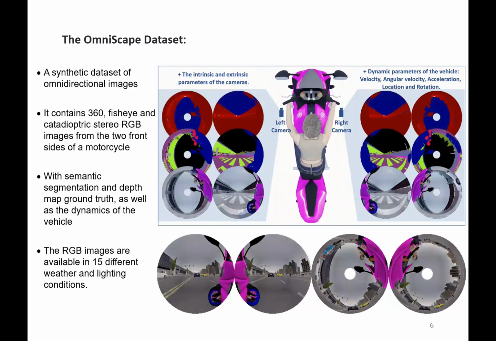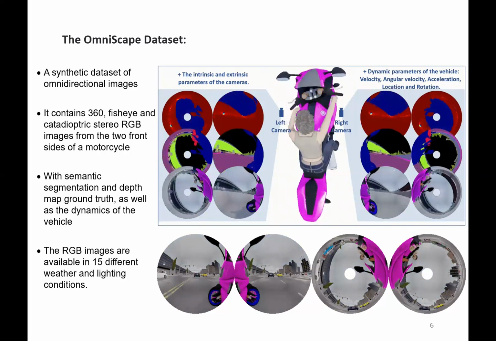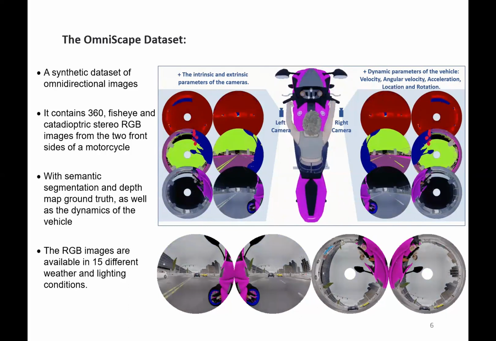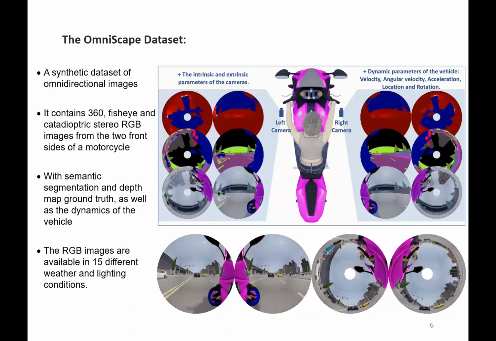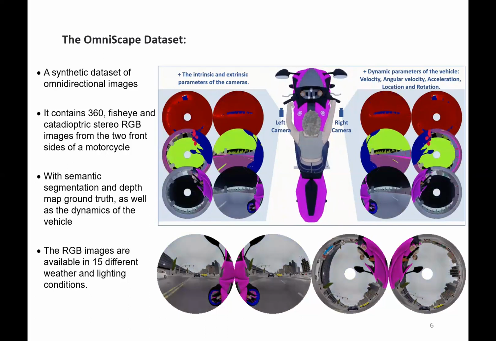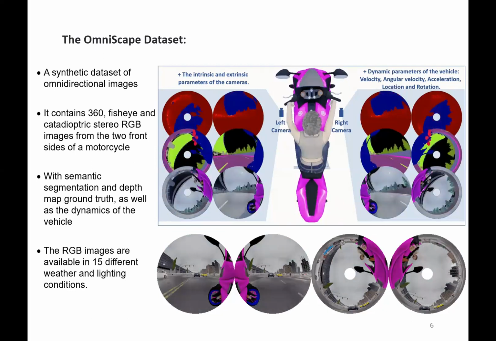The intrinsic and extrinsic parameters of the camera are also provided. The RGB images extracted are available in 15 different weather and lighting conditions, and 360-degree images are provided under cube map and equirectangular projection.